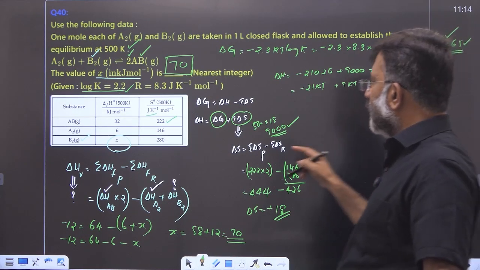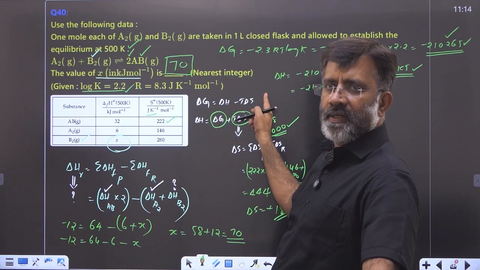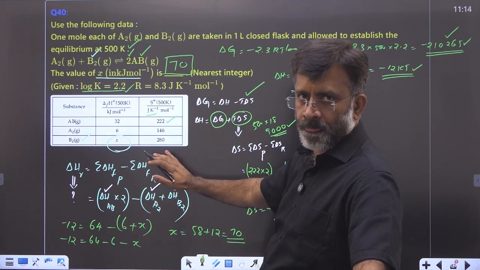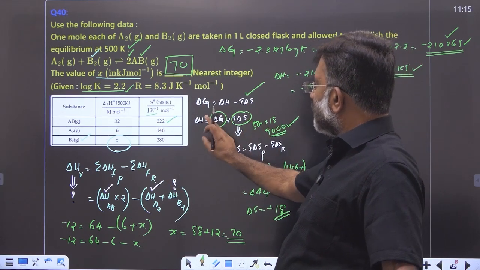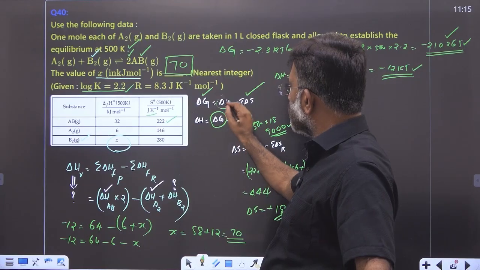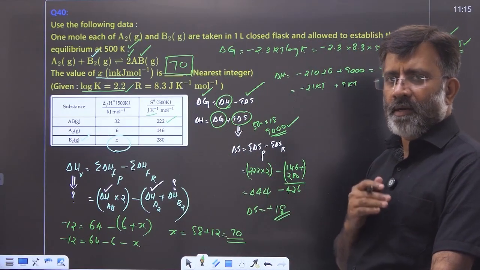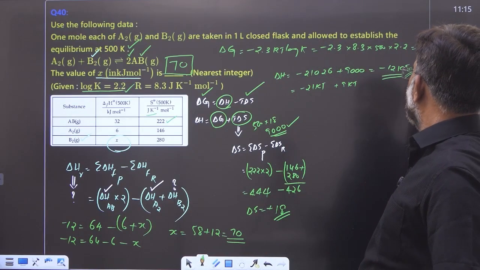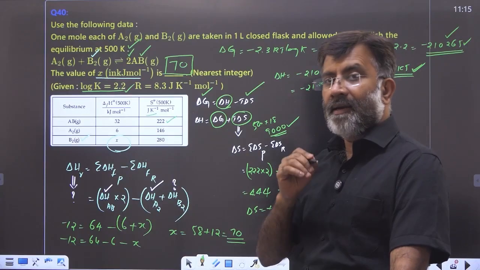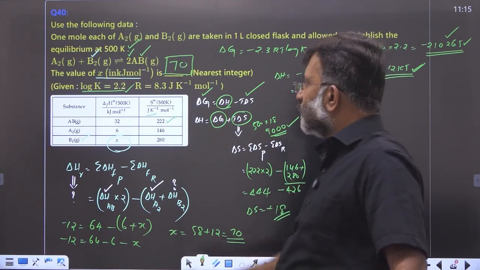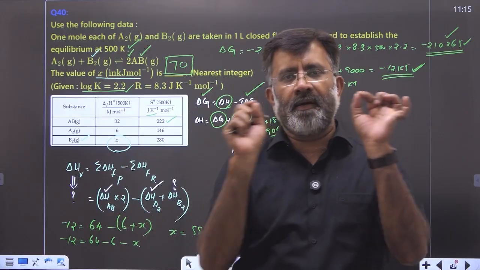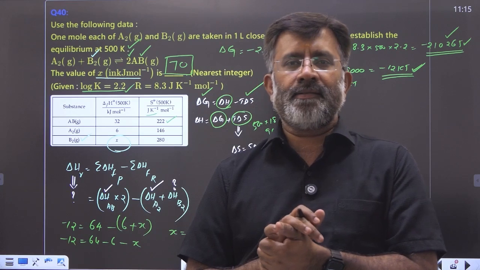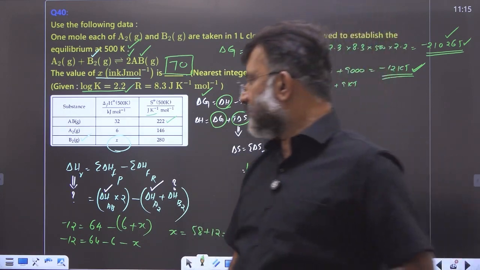Okay. Now, delta G equals delta H minus T delta S. This we can work out, the data is available. From this you can calculate delta H equal to delta G plus T delta S, and that comes to around minus 12 kilojoule for delta H. So using log K value, we find out delta G. Once you get delta G and calculate T delta S, you can get delta H. And what is the delta H formula?